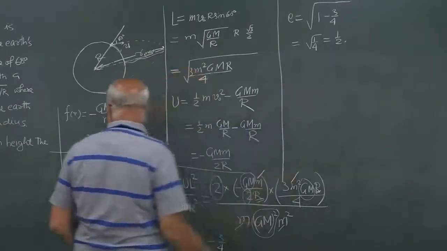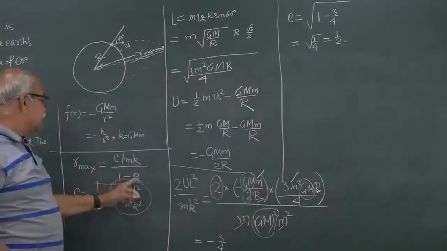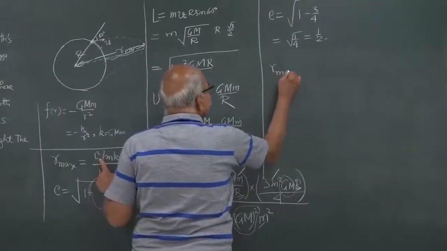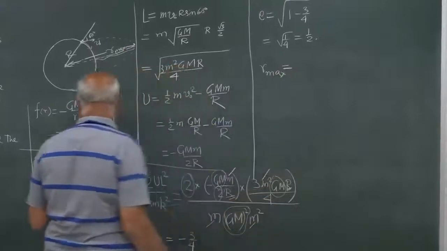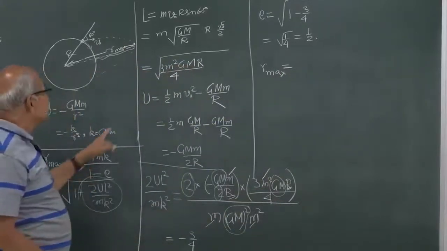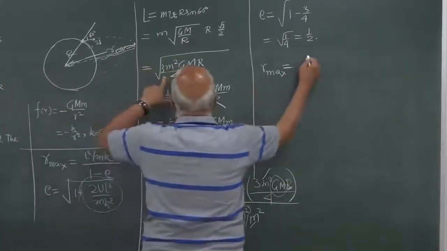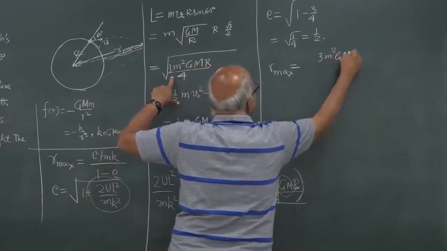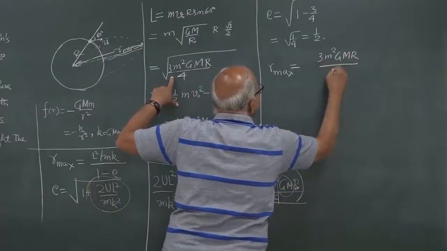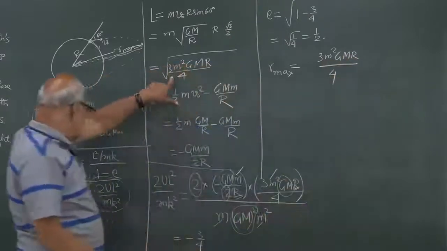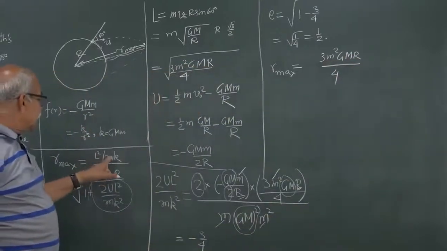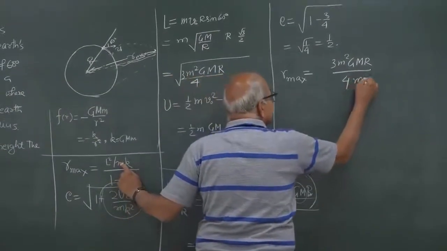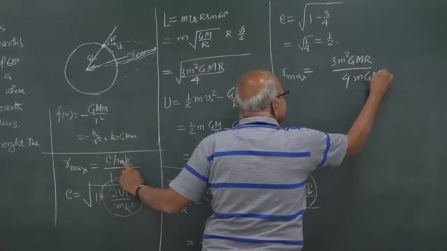So, what is R max? R max is L square by m k divided by 1 minus E. So, R max is equal to L square, which is 3 m square G M r divided by 4, divided by m k, where small m and k is G M m.